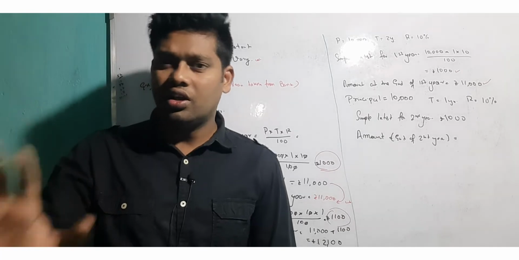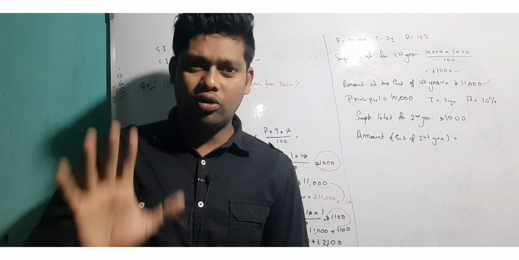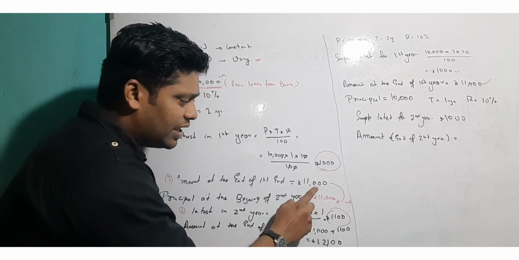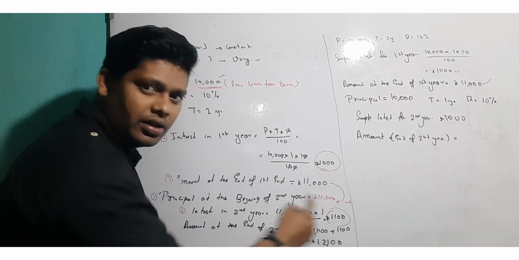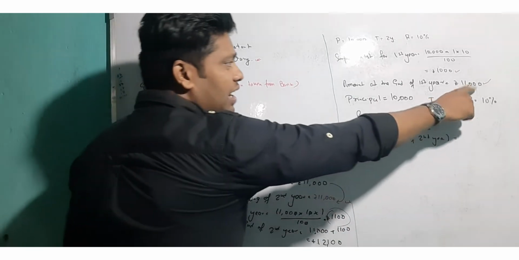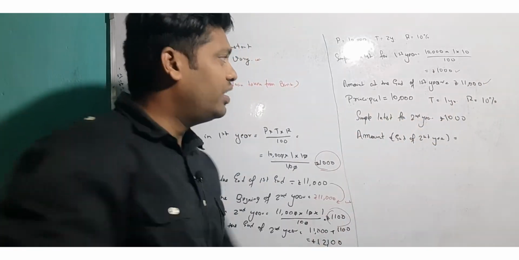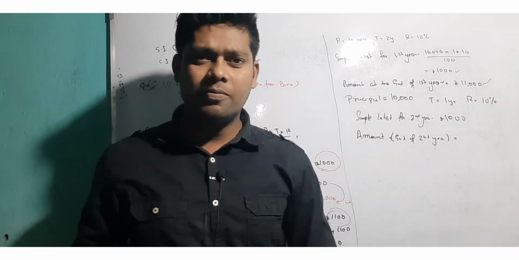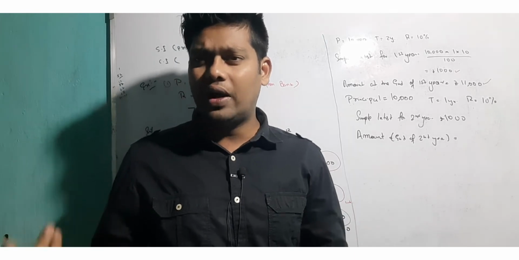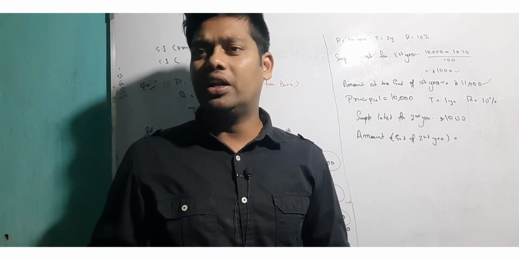So 11,000 was useful for us, and without getting 11,000 we could not do the second part. But here, after getting 11,000, do we keep it in use in the next year? No. Then is it necessary to find out 11,000? When it is of no use, why would I find it out?